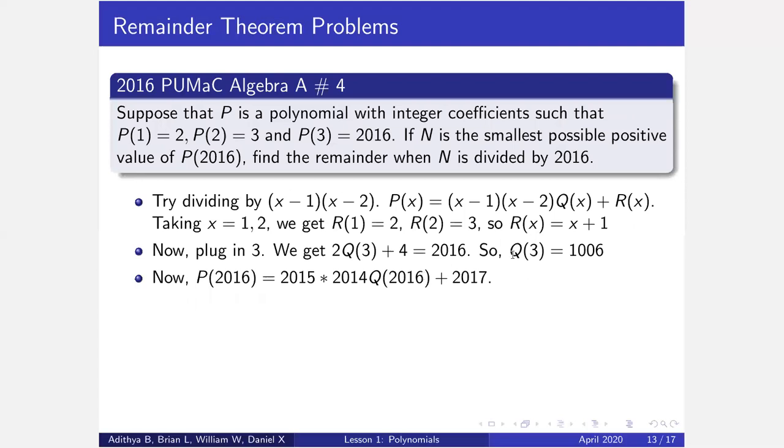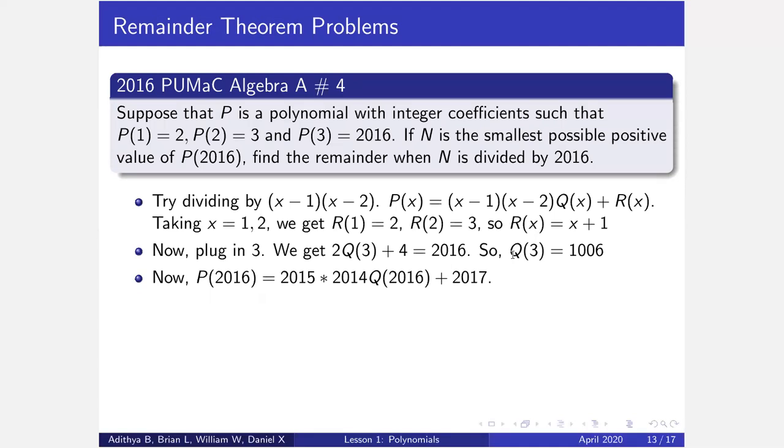The easiest way we can use this is, we need to find Q of 2016. So we apply it with Q, and we know Q of 3 is 1006. So we can write that 2016 minus 3 divides Q of 2016 minus Q of 3.